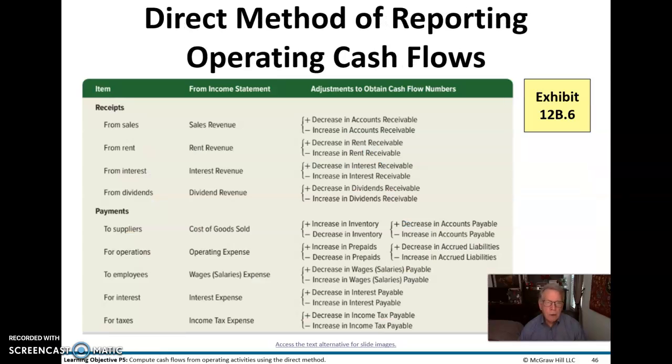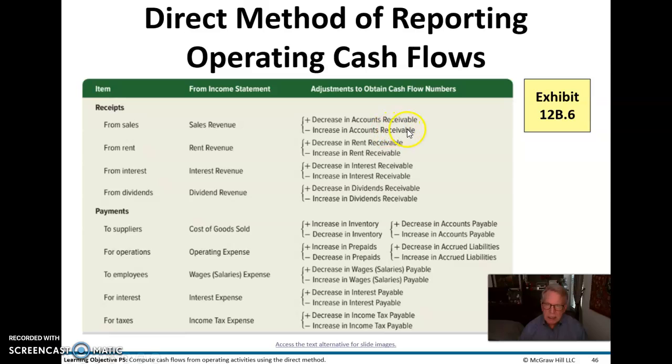And so here are some key things that you want to keep in mind when you're doing your homework here. So our receipts from sales, we're going to grab the sales revenue, but we're going to adjust that. We're going to add a decrease in accounts receivable and subtract an increase in accounts receivable, just like we did with the indirect method a little bit here.